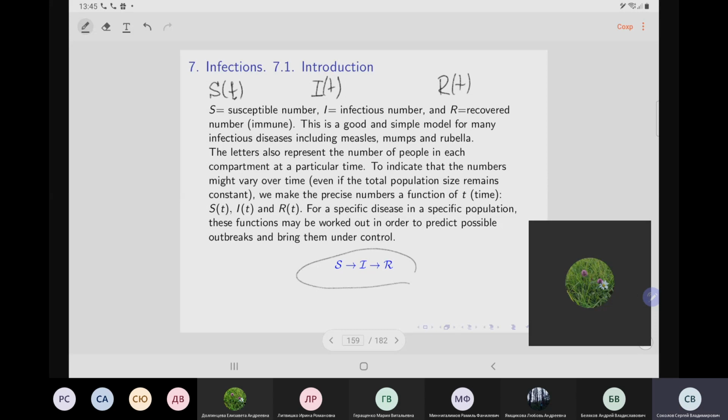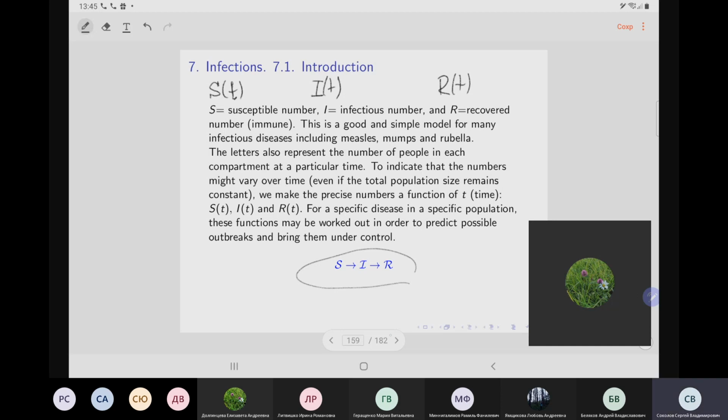So all the individuals that are susceptible can get infected, and then at some time they can become recovered and removed, depending on the model. So what are the equations that drive these transitions from susceptible to infected and from infected to removed?